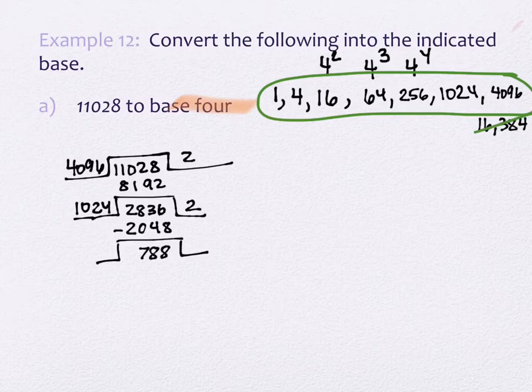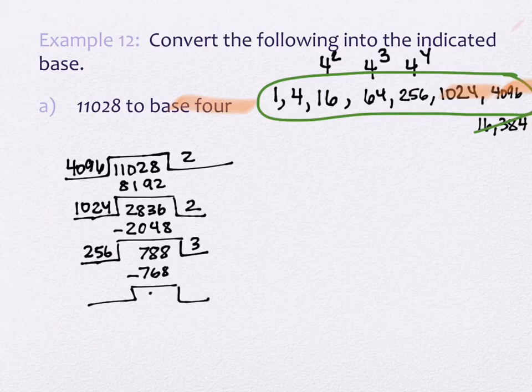So going down our list, we have now taken care of the 4,096 and the 1,024, so I'll divide now by 256. We have to divide by all of them, right? So how many times will 256 go into 788? 3. All right, and what is 3 times 256? 768. You can probably subtract that one pretty quick. What do you got? 20.